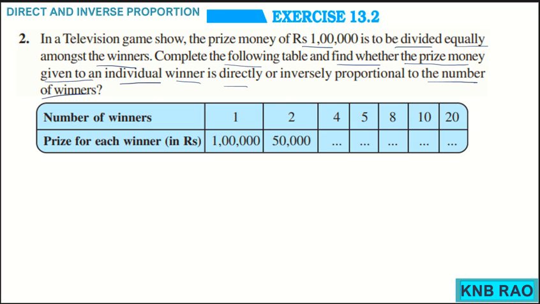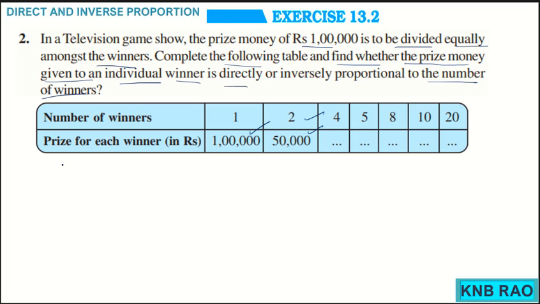See children, in this question you could observe for one winner 1 lakh fully given. If two winners are there, 50,000 to each will be given. If 4 winners are there, then 1 lakh is divided by 4.